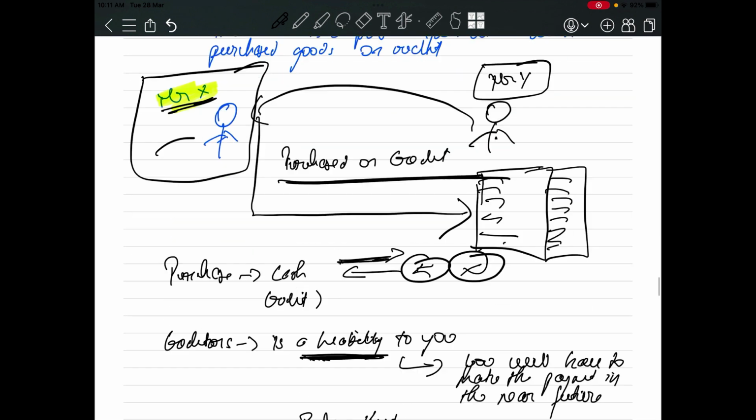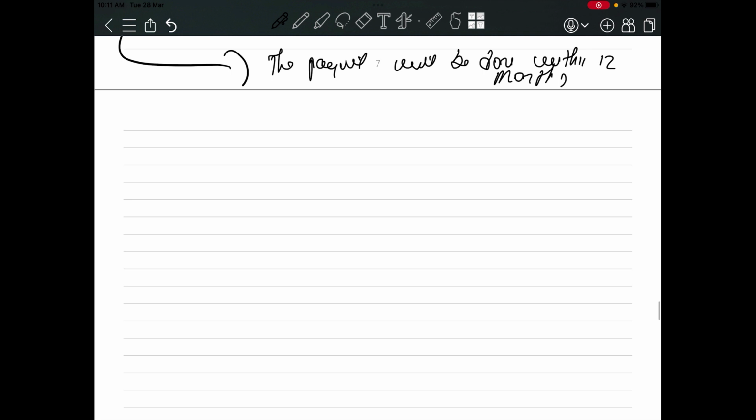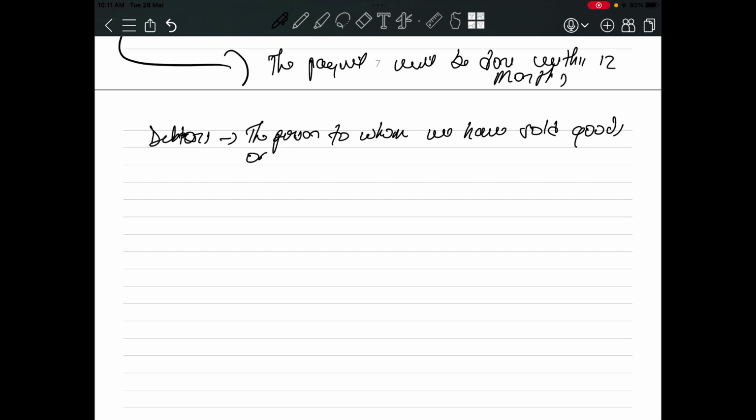Don't be confused. If I have to sum up between debtors and creditors, who is a debtor? The person to whom we have sold goods on credit. Now who is a creditor?